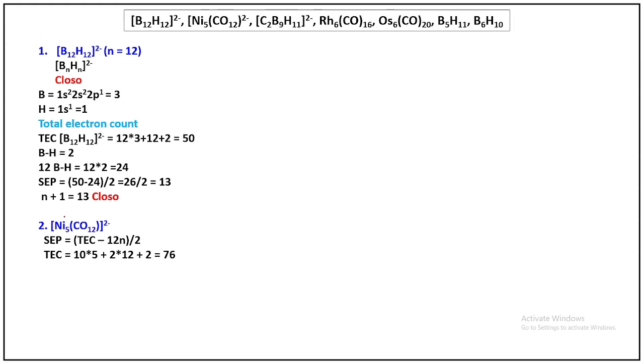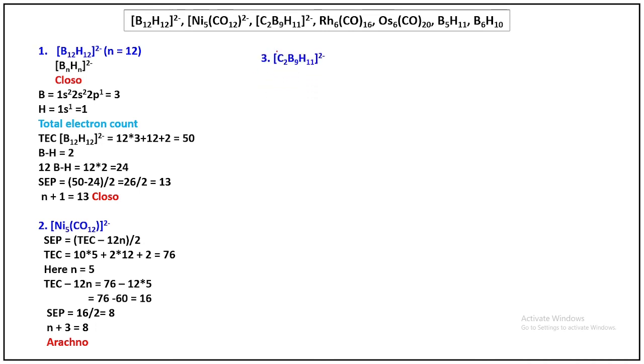Nickel has 10 valence electrons, and since 5 nickel atoms are present, we multiply 10 by 5, plus 2 into 12, 2 from each carbonyl and 12 carbonyls are present, plus 2 from the 2 negative charges, which gives a total of 76. Total electron count minus 12n will be 76 minus 12 into 5, that is 16, divided by 2 will give the number of skeletal electron pairs. This follows n plus 3 and falls under arachno.